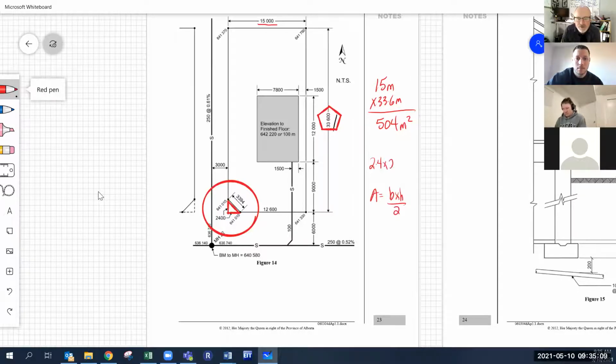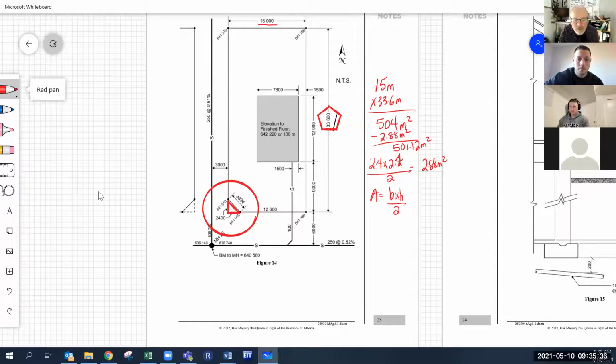So 2.4 times 2.4 divided by 2 is equal to 2.88 meters squared. And I minus off that to get me a total area of 501.12 meters squared.